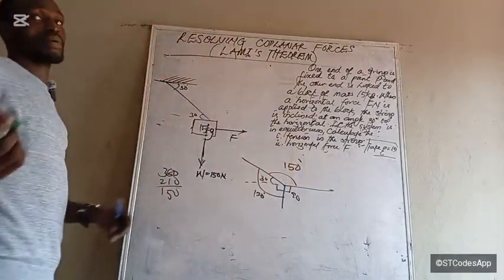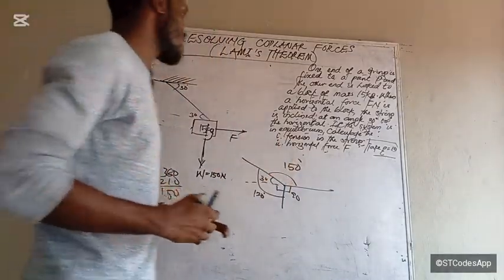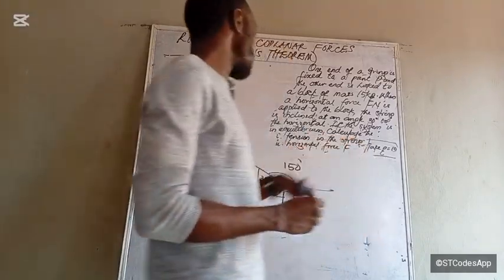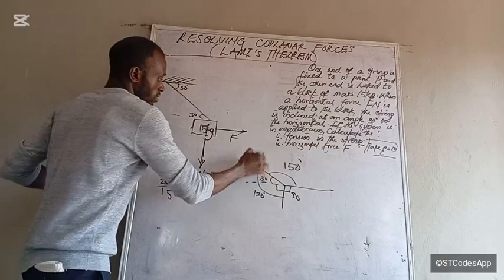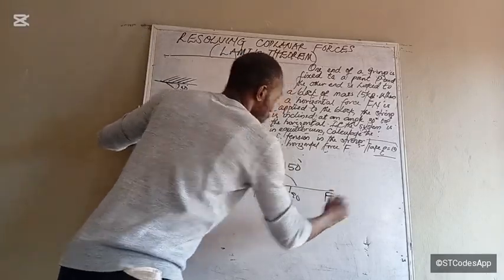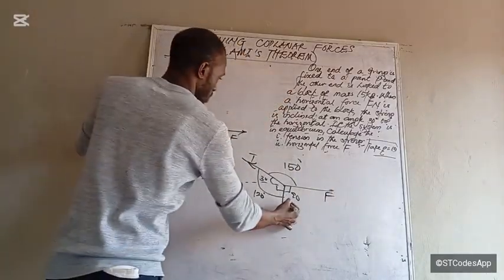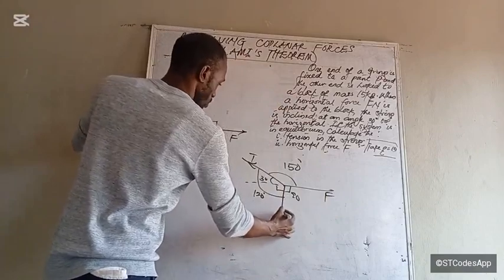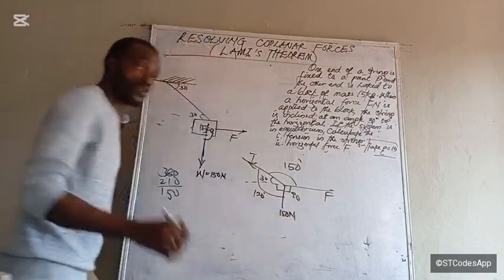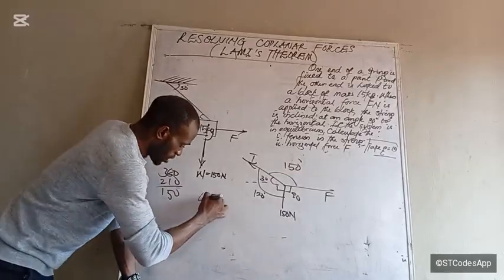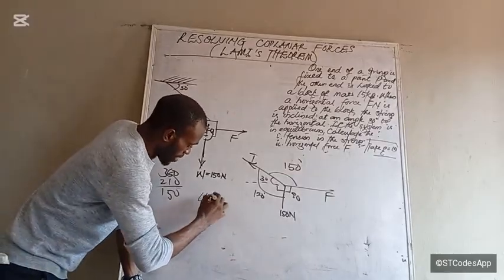That's what we did the other time. So what does it say we should find? The tension in the string. So we should find force, tension, force F, and we have weight 150 Newton. So using Lami's theorem.